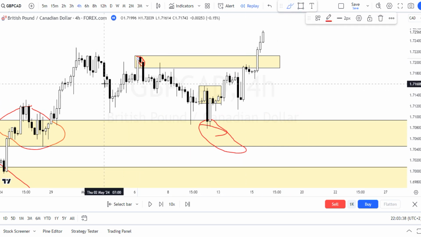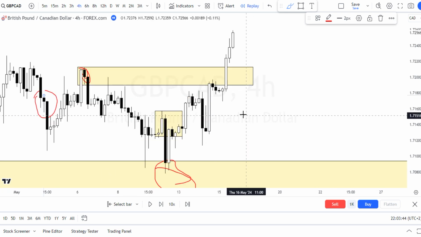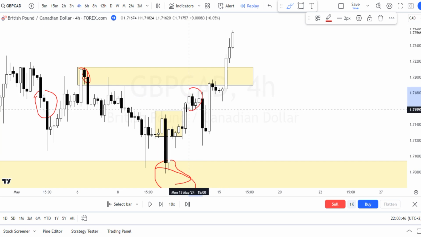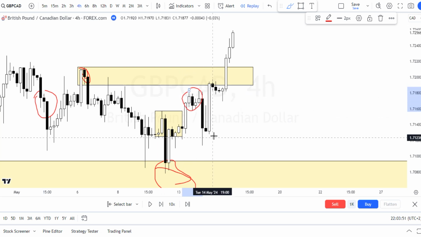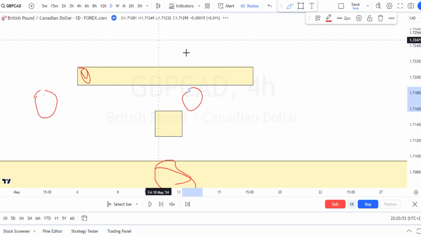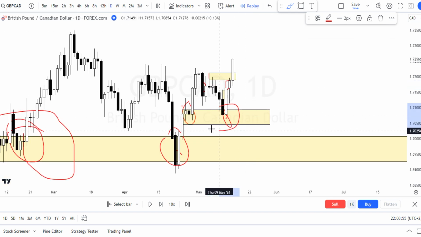If you want to sell this order block here, it's not working. Why is it not working? Because in the daily time frame, the market is showing us that the market will go up.